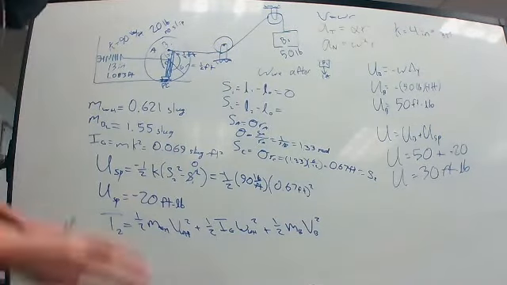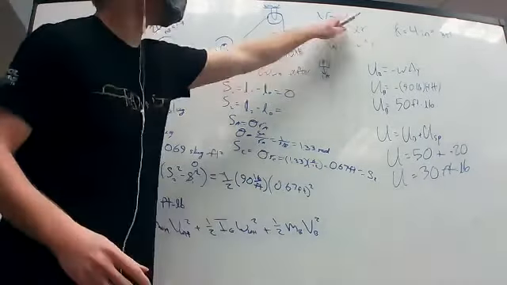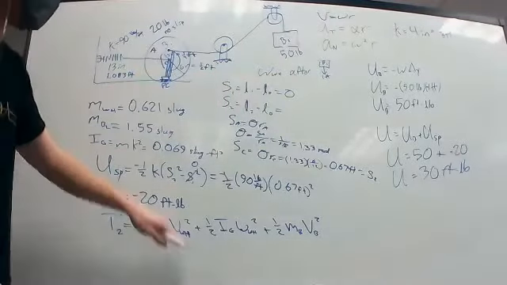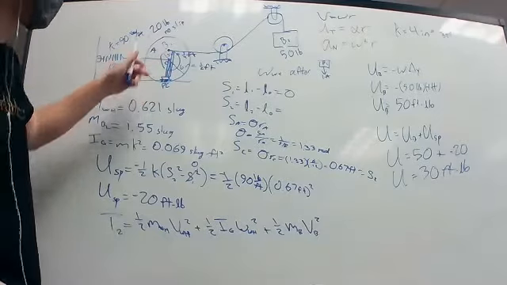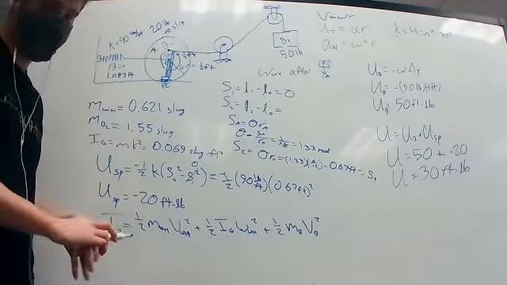So plugging in everything we know, substituting V for omega R and V for omega R, with these being the same omegas as right here, and the R values just being 6 and then 9 inches. So 6 inches and 9 inches, make sure those are in feet.